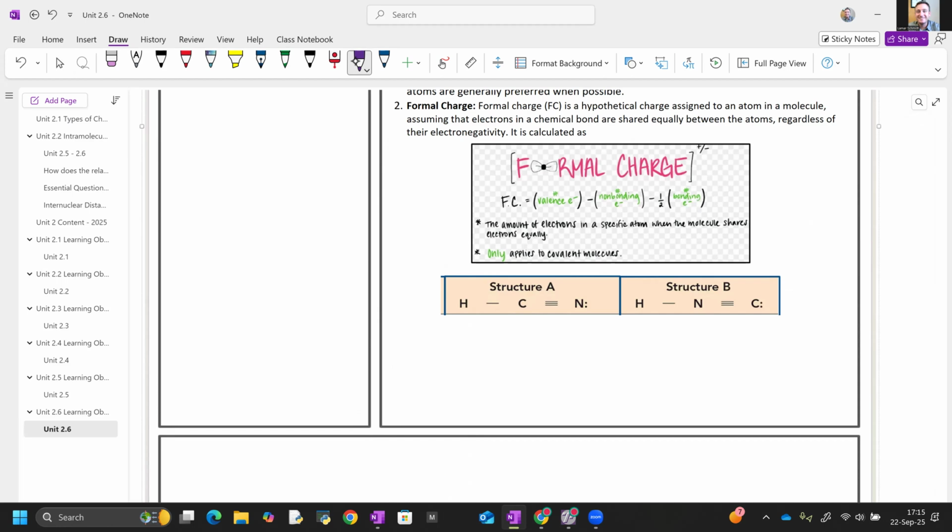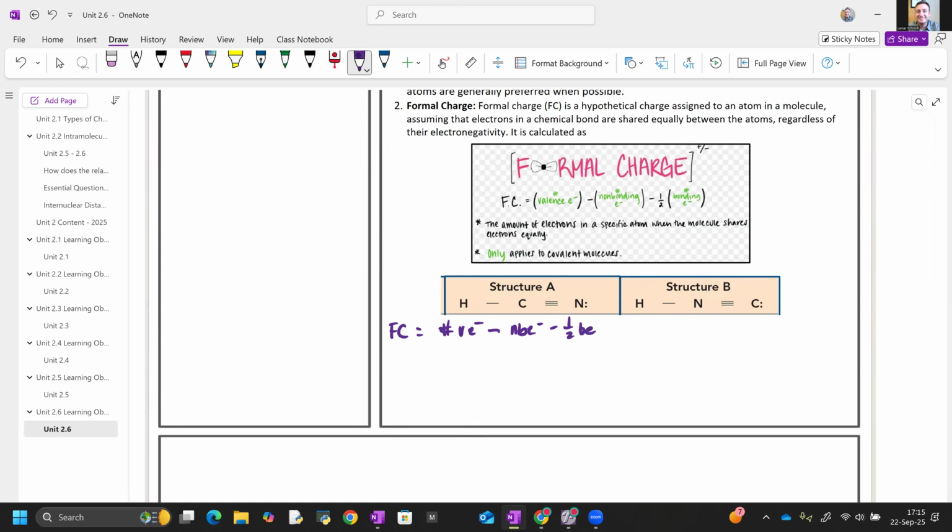The first thing that we're going to do is look at structure A. For hydrogen, if we look at our periodic table, it has 1 valence electron. So I'm applying the formula: formal charge is equal to number of valence electrons minus non-bonding electrons minus 1/2 of bonding electrons.